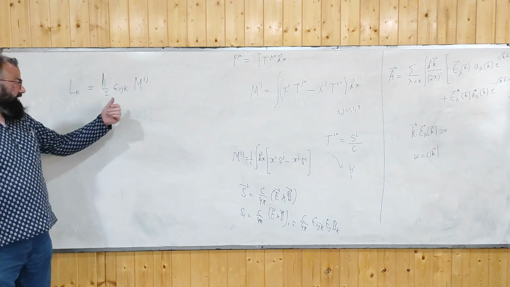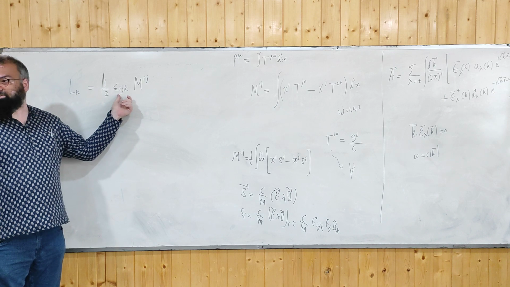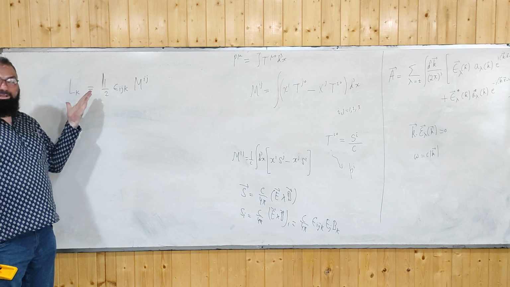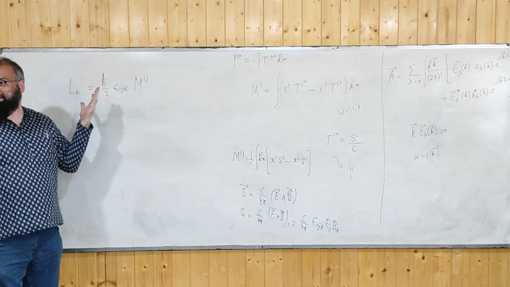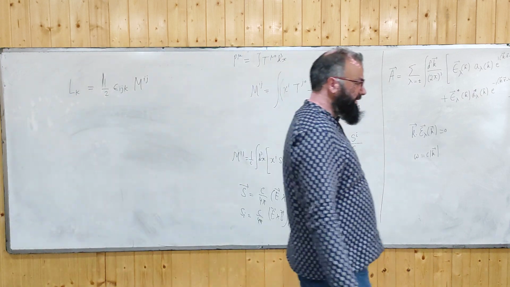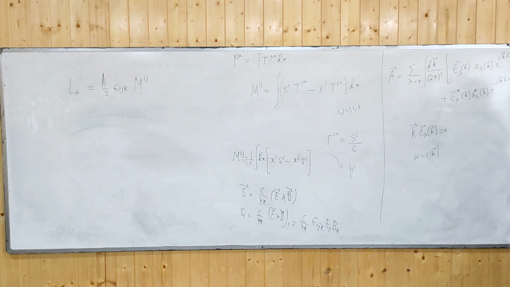You just multiply by epsilon_ijk and contract over i and j. It will give you only the kth component of the angular momentum. Clear? Any question here?